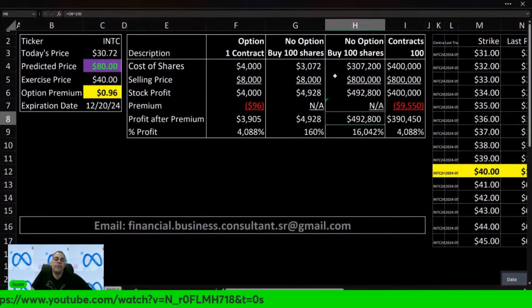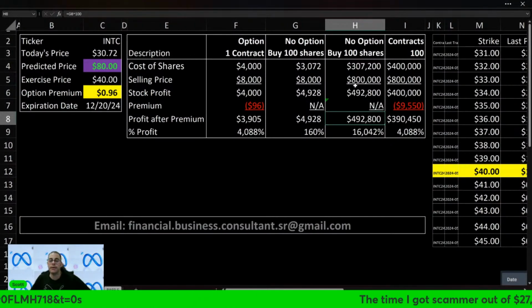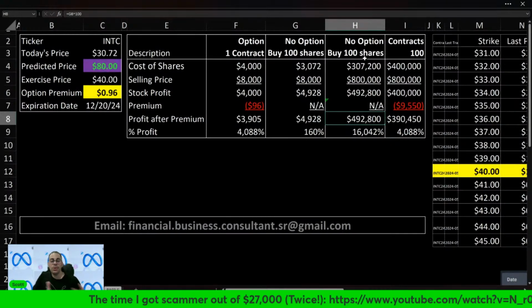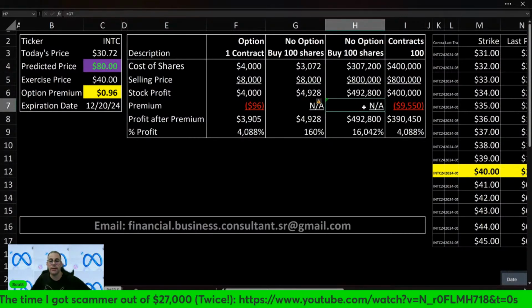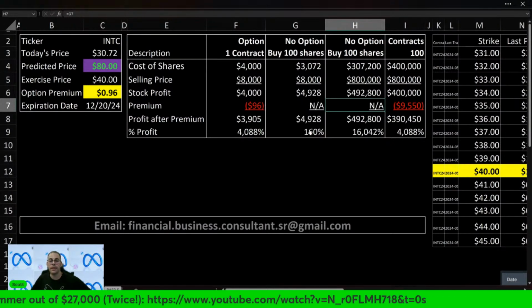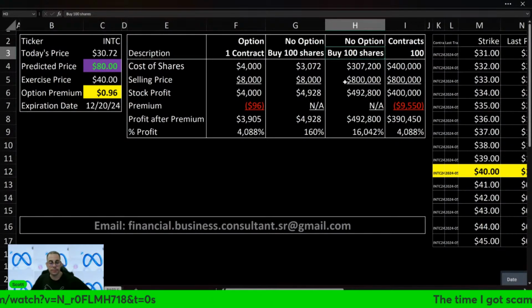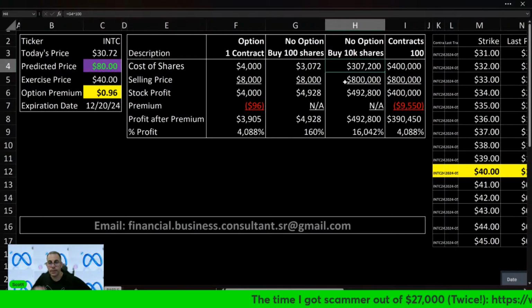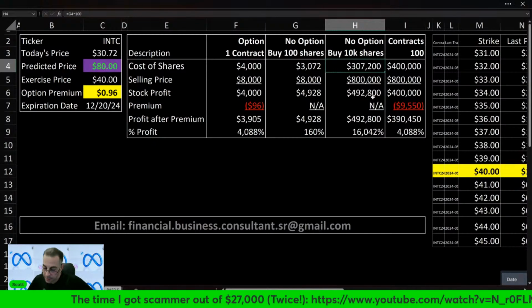And if it went up to 80, you would be killing it. You would make a massive return. But who has $300K to drop into Intel? And even if you had it, who would do that? It's very risky and expensive. It's much cheaper to just spend $9,500 and control 10,000 shares. That's why you can really lever up with options.